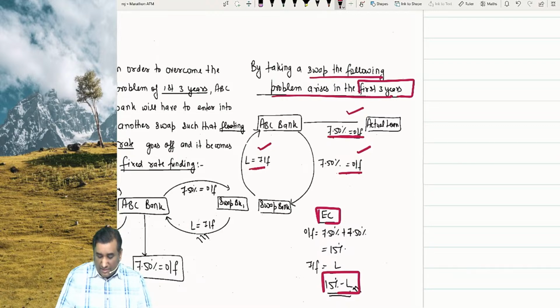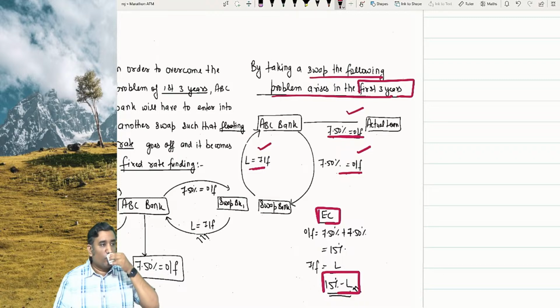So it becomes 15 minus L. The problem occurs in the first 3 years. Understand please: in the first option, it was directly 5 years, the problem went. Second option, the first 3 years are fixed, the problem was not there. The fourth and fifth year had the problem, but to solve it, he took the swap. The swap cannot be taken for the fourth and fifth year alone, it is a 5 year swap, which created a problem in the structure in the first 3 years.